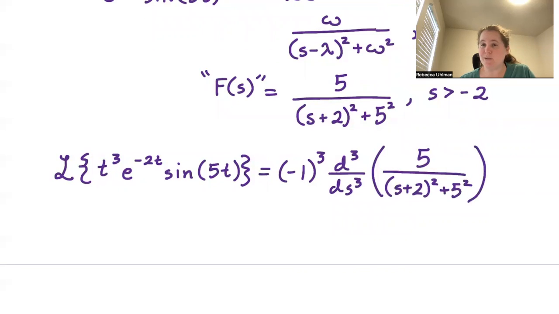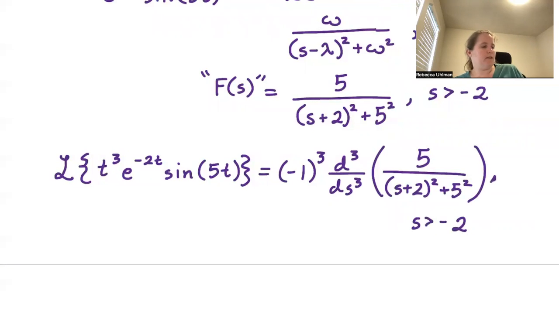This is not a derivative I particularly want to take at the moment, so I'm just leaving that as the third derivative of 5 over s plus 2 squared plus 5 squared. Again, looking here at s greater than negative 2.